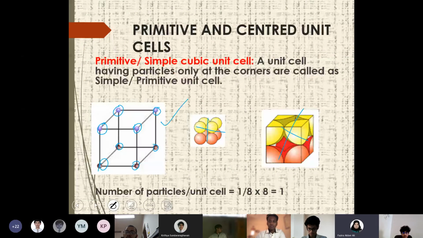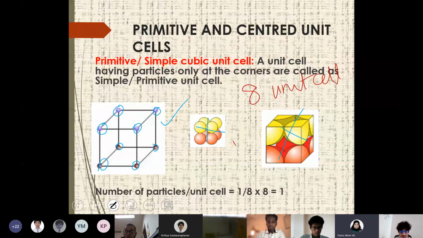Okay, so that is the point that should be noted. When you have a particle at the corner of a cube, and you imagine a complete space lattice, that particle will be shared by 8 unit cells. So it will contribute only 1/8 of its part to one unit cell.